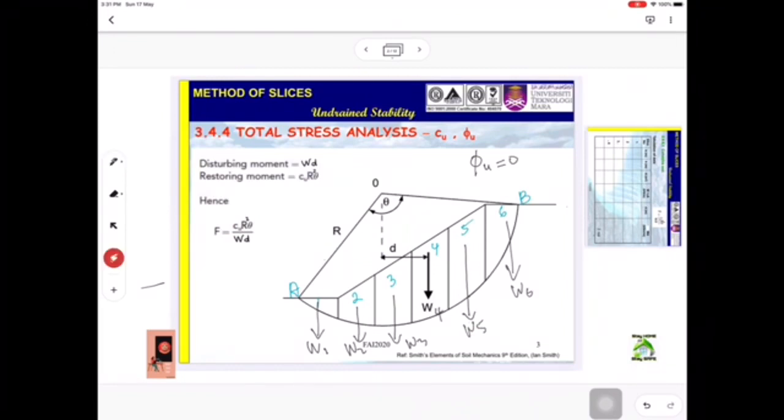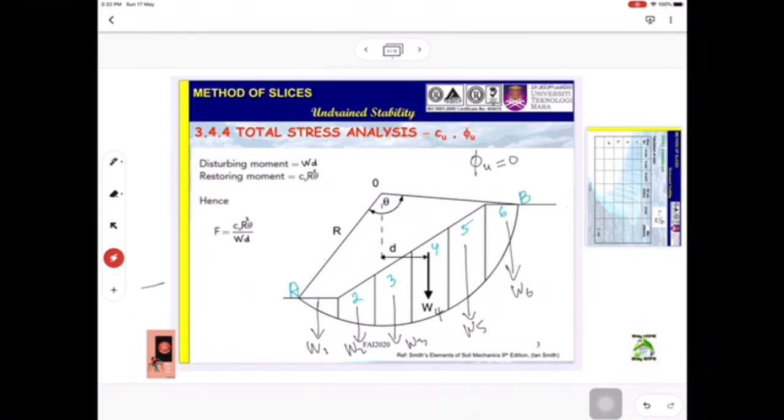For slice 1 and slice 6, because they look like triangles, the best is to take W at the center of the triangle.